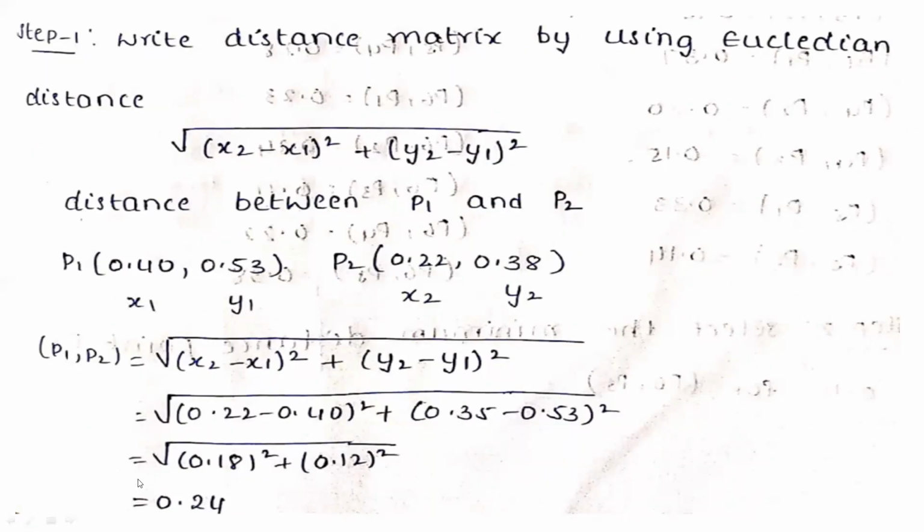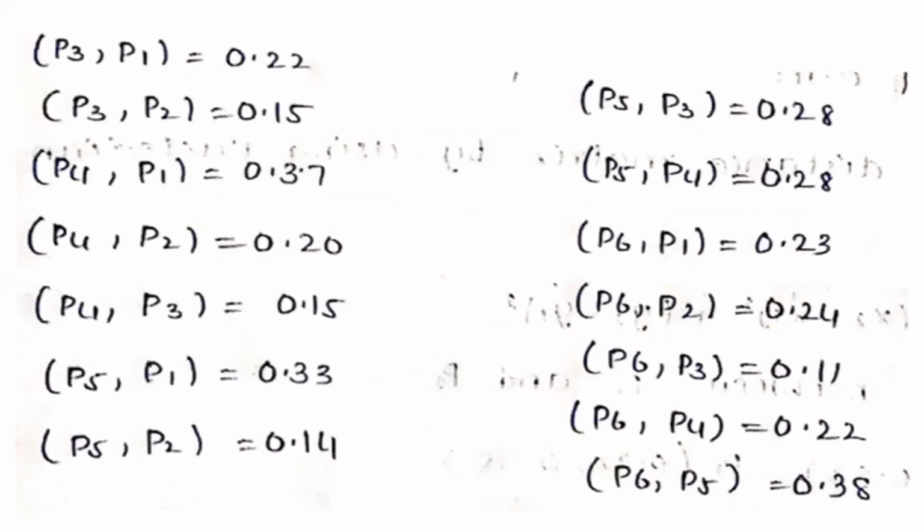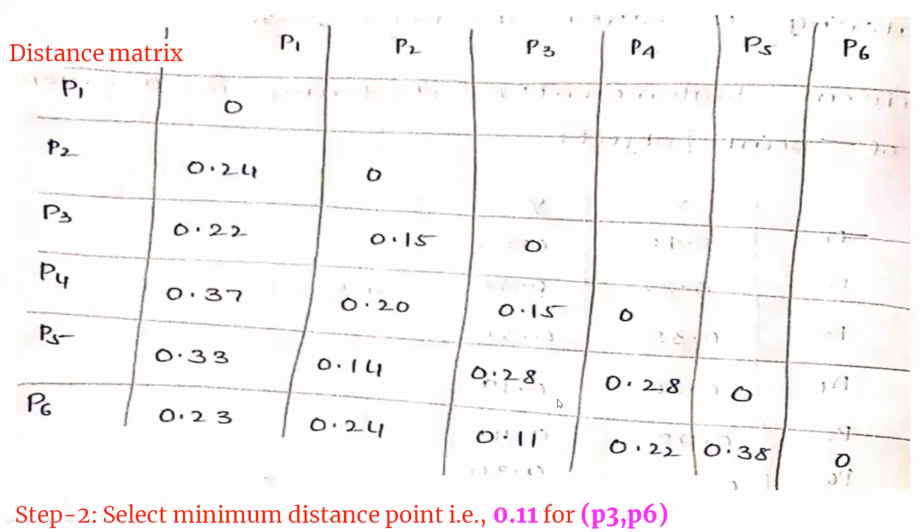P1, P2, P3, P4, P5 and P6. Totally we have 6 points. We need to calculate the distance between all the points: P3 P1, P3 P2, P4 P1, P4 P2, P4 P3. Likewise, we need to calculate each and every point using the Euclidean distance formula, so that you will get this type of matrix.